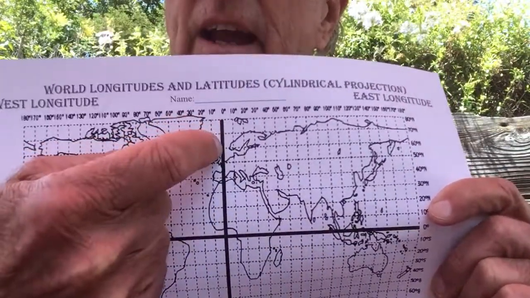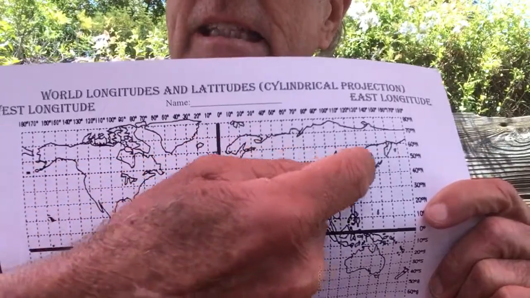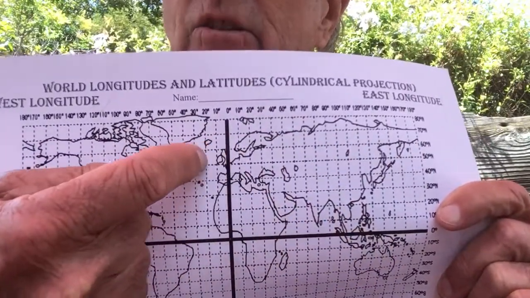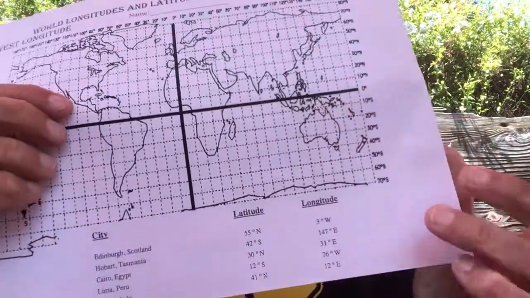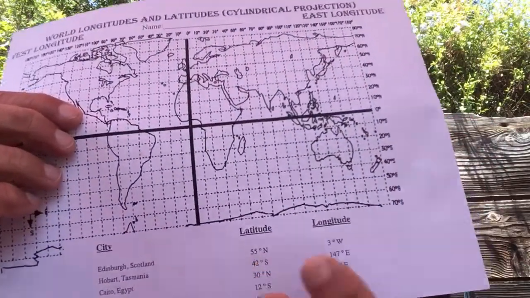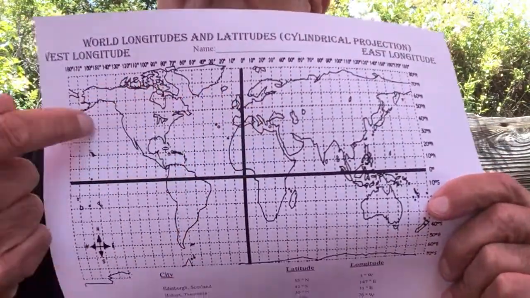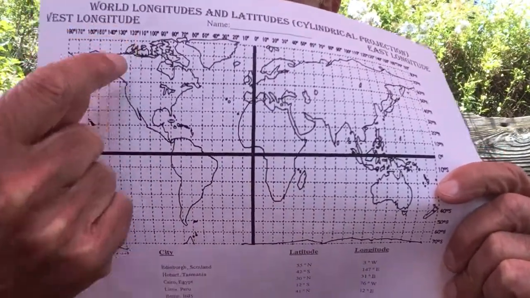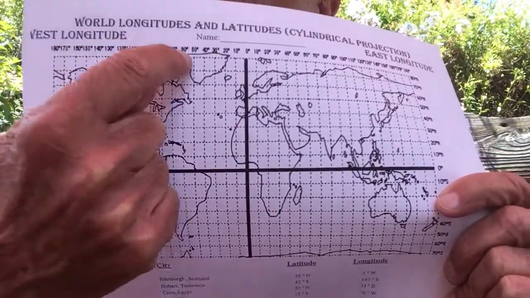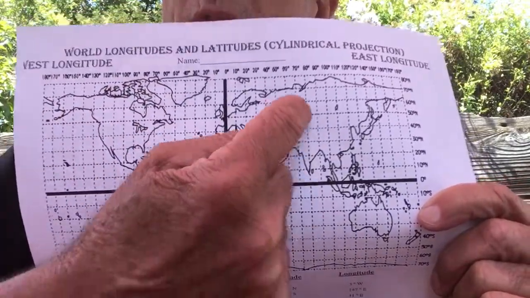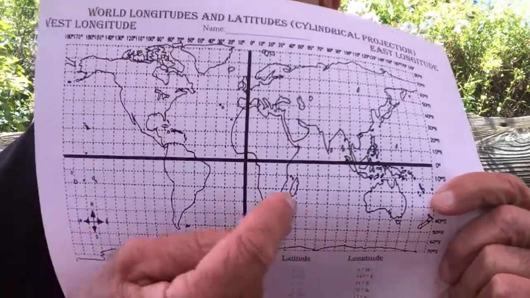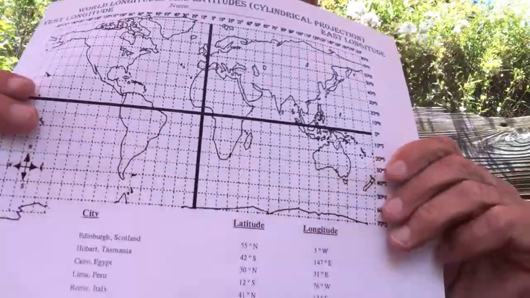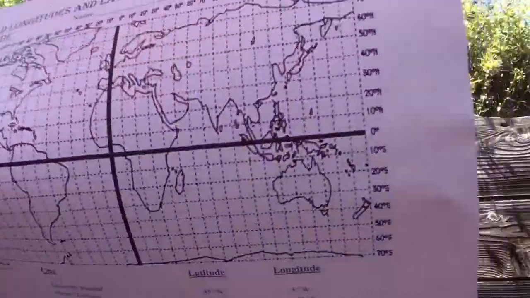Everything to the east of it is the east, and everything to the west of it is the west. So if your address has a little W, it means it's going to be in the west. And if your latitude has an N, it's going to be in the north. So this will be the northwest, northeast, southeast, southwest.